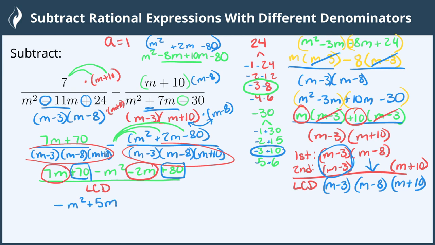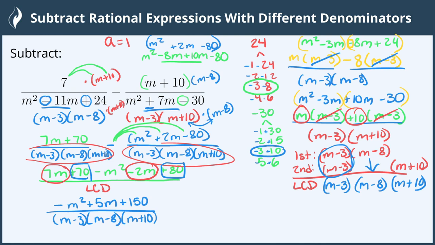Positive 70 plus positive 80 gives us positive 150. And then this is all over our lowest common denominator, which we found, m minus 3, m minus 8 times m plus 10. Now, a little different than what we were doing in the previous section is we will be going through and factoring our answer now.